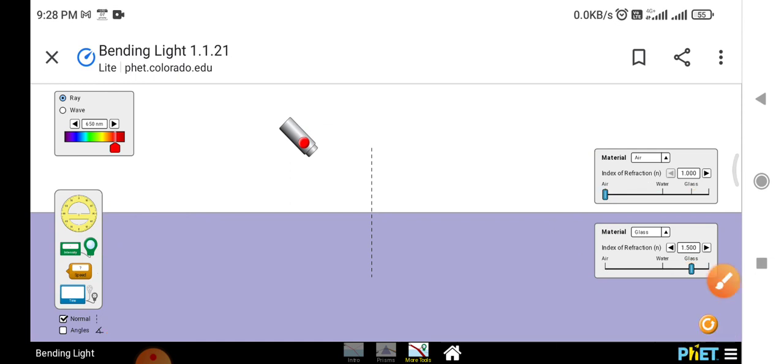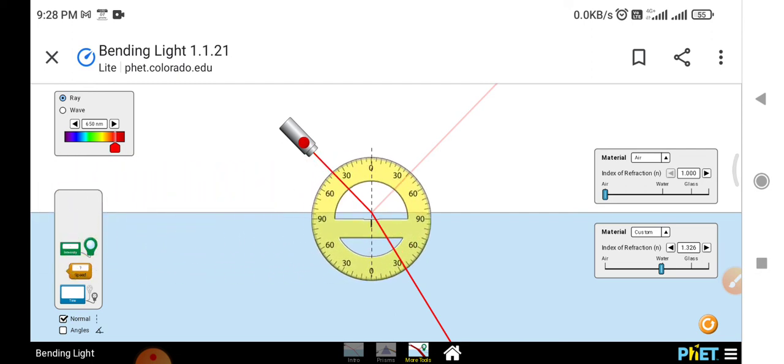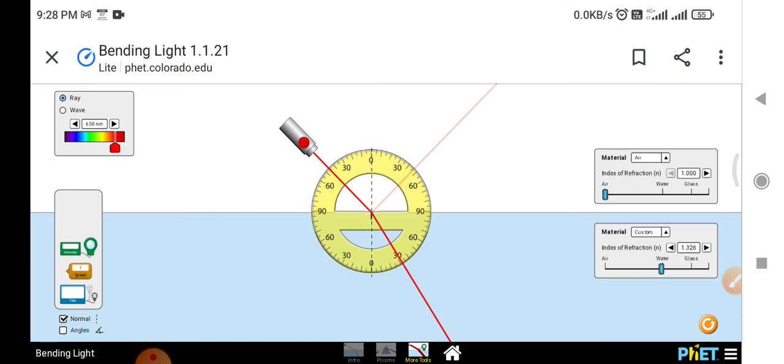So first I choose the first medium, air, and the second medium, water. And when the light passes through the air, it undergoes refraction. So you have to measure the angle.